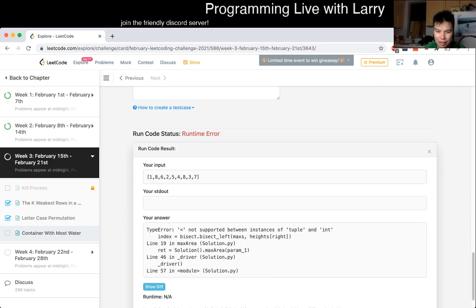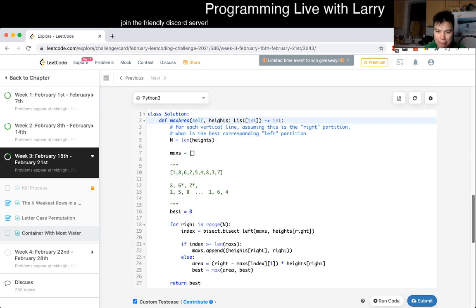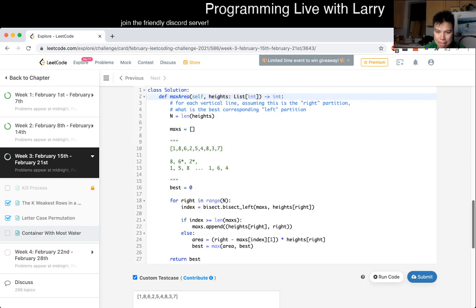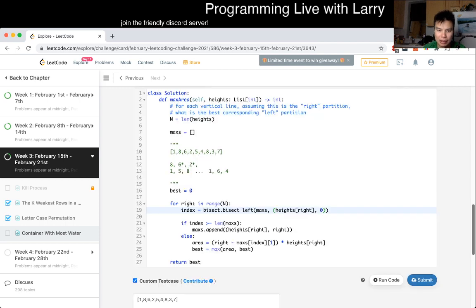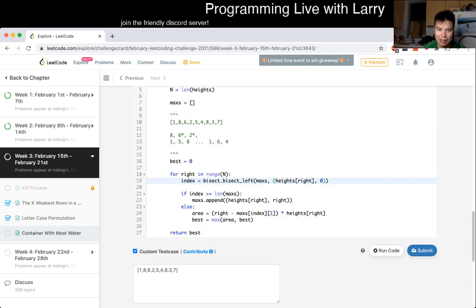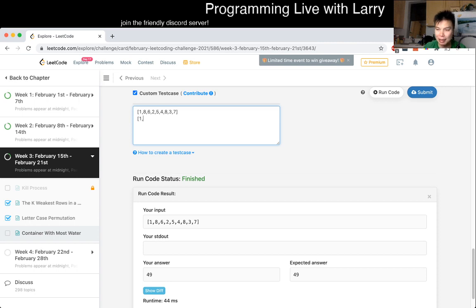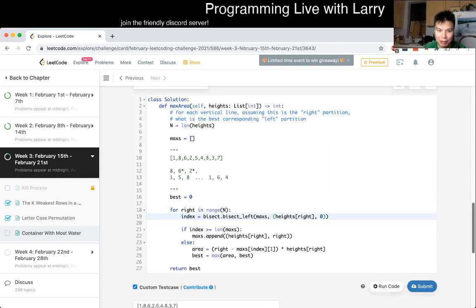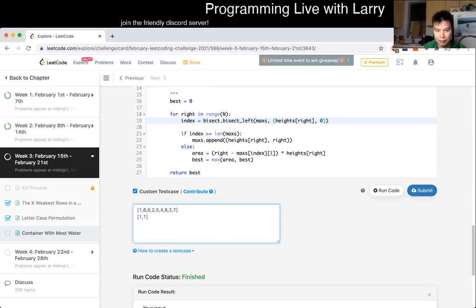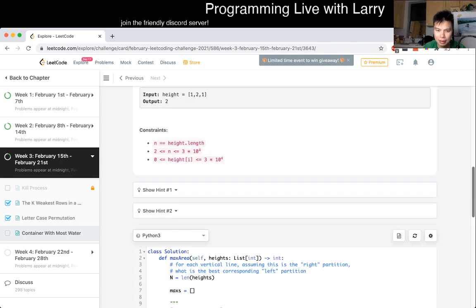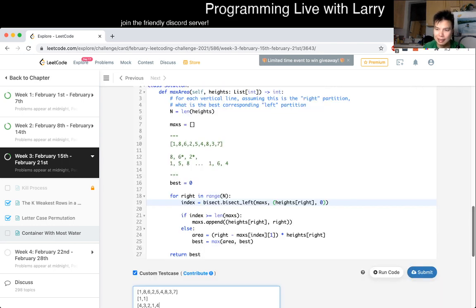So yeah, this gives us the right answer for this. Obviously, like I said, I'm not confident, because I know it's not going to be right, because we don't do the symmetry in the other direction. But let me at least put in the other test cases and test that out.